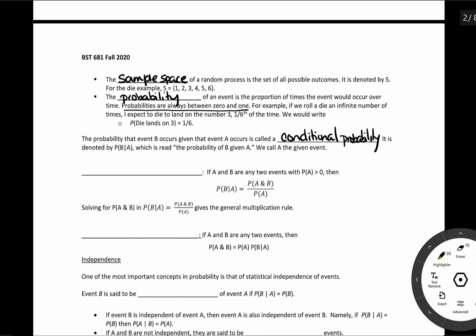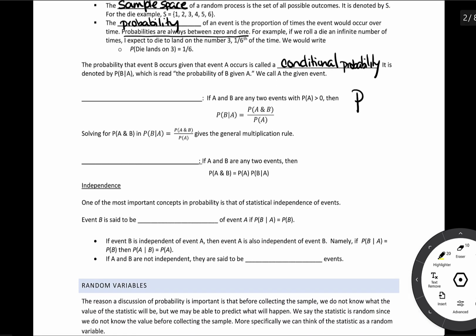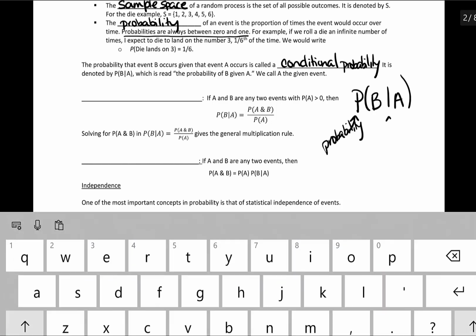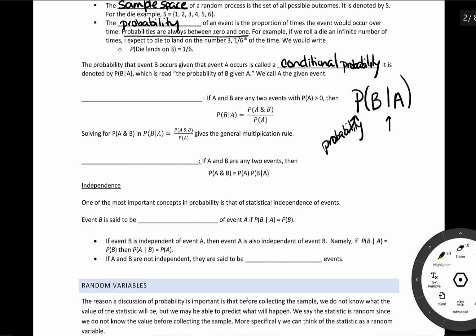It is denoted by P(B | A), which reads the probability of B given A. If we think about what that notation looks like, the P stands for probability, with those parentheses. That vertical line means given, and then we have our two events.